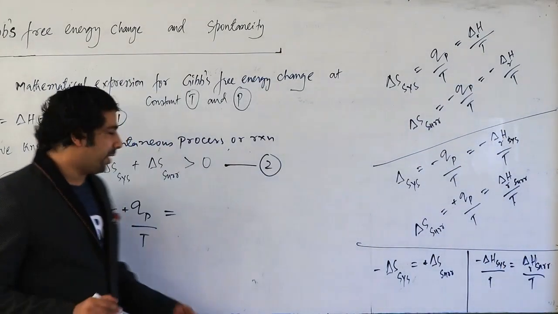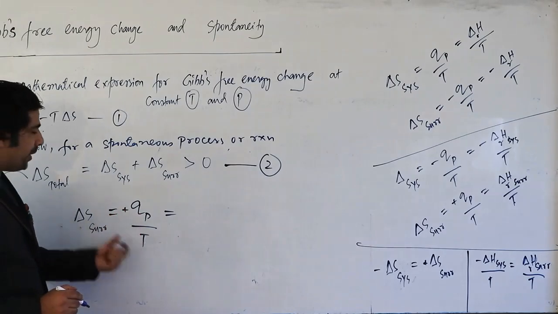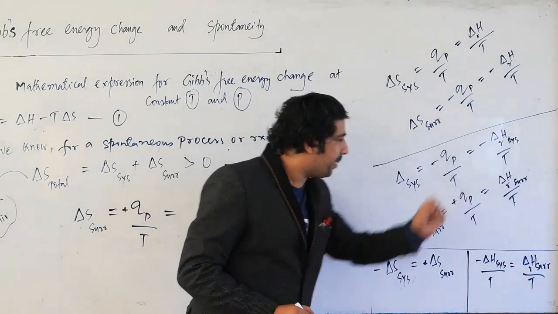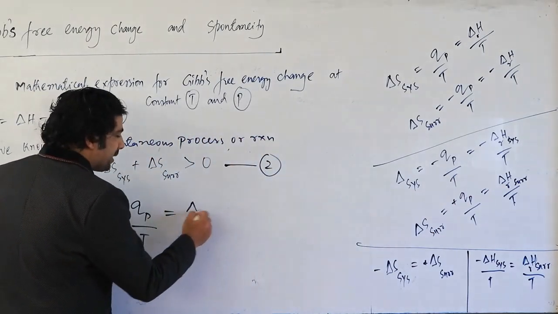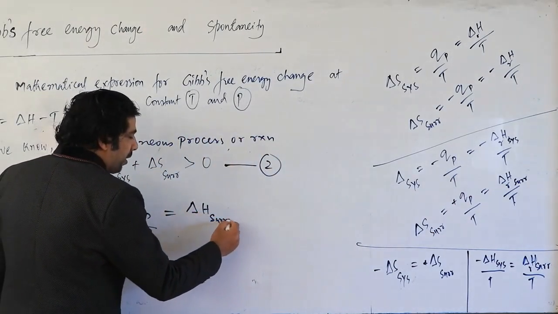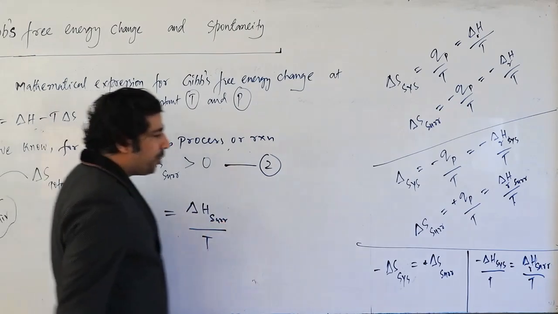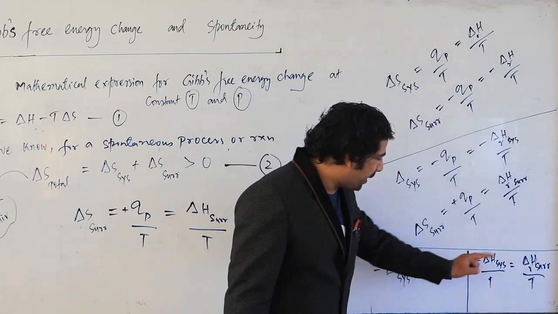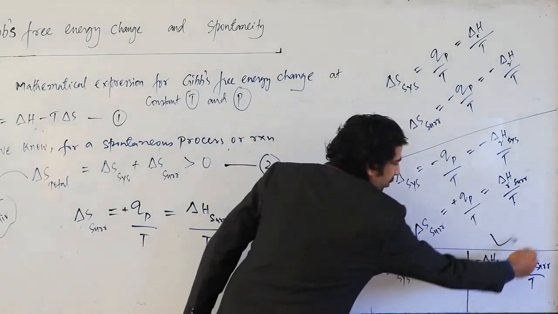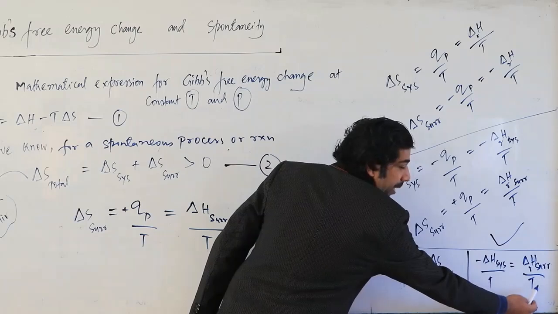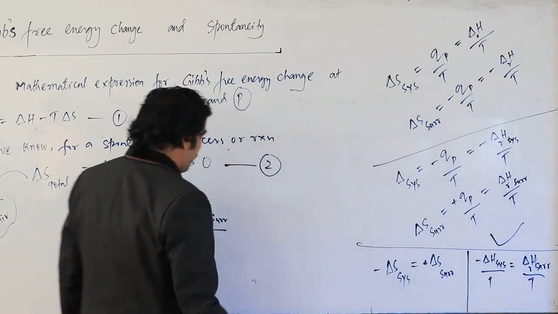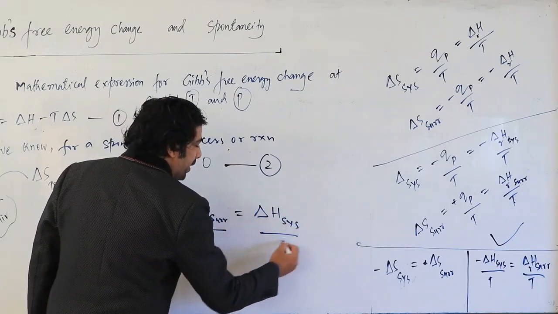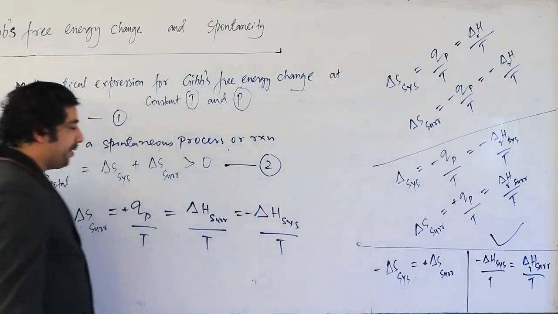So now, my dear friends, we know that this Qp upon T is equal to delta H_R surrounding by T. So I can write delta H surrounding upon T. And we know that delta H_R surrounding upon T is equal to minus, look here at this expression, delta H surrounding upon T is equal to delta H system upon T. So I can also write it is equal to delta H system upon T, but here the value will be minus, my dear friends.